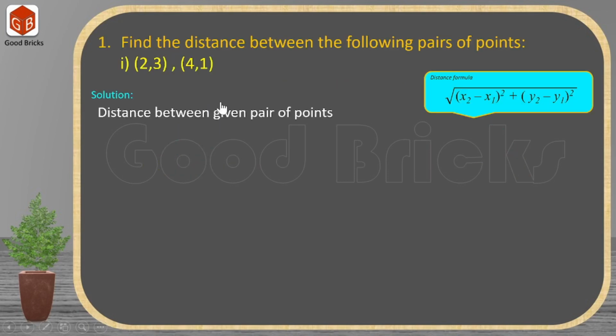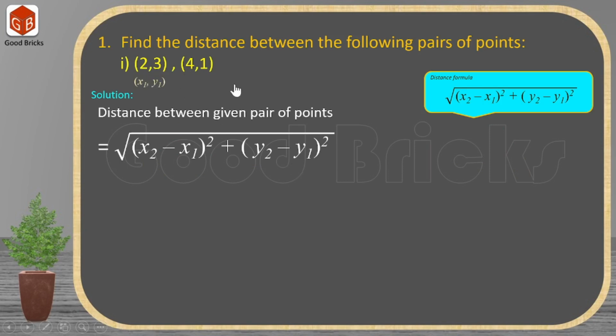Let us calculate the distance between these 2 points using this formula. Here 2, 3 let us assume x1, y1, and 4, 1 let us assume x2, y2. So if you substitute these values in this formula, you can write 4 minus 2 in place of x2 minus x1.